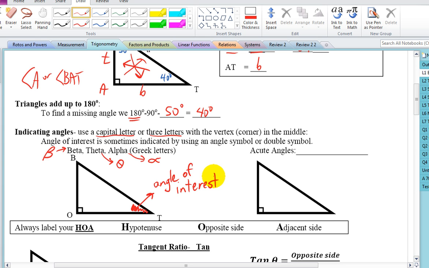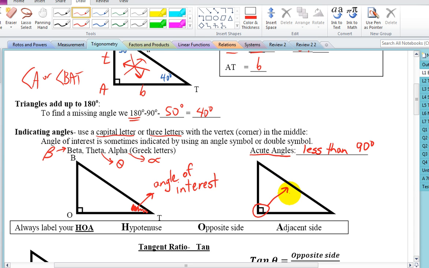Sometimes you'll see the term acute angles. It doesn't mean good looking. What does it mean? Less than 90. So for trigonometry, we must have 90 degrees. What do we call the side opposite from 90 degrees?